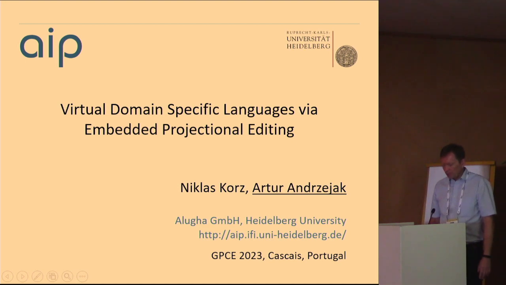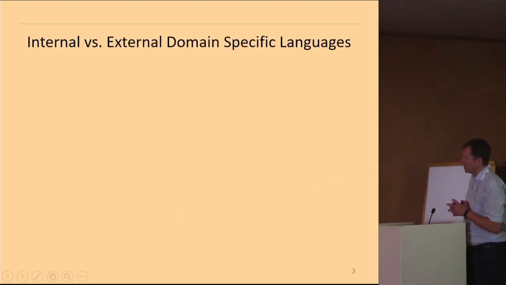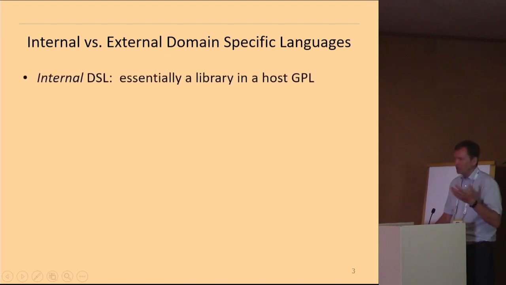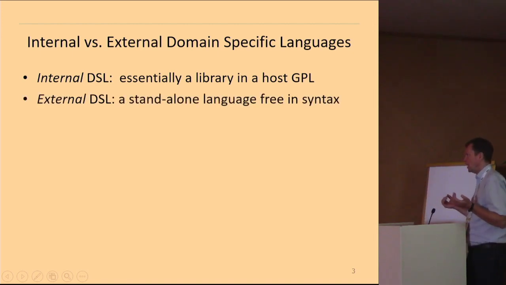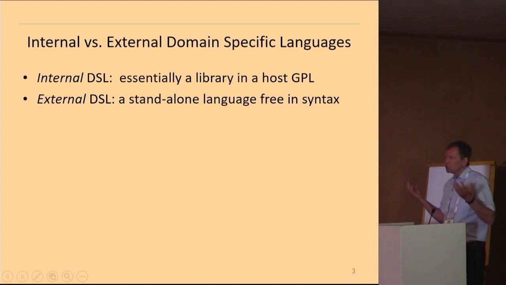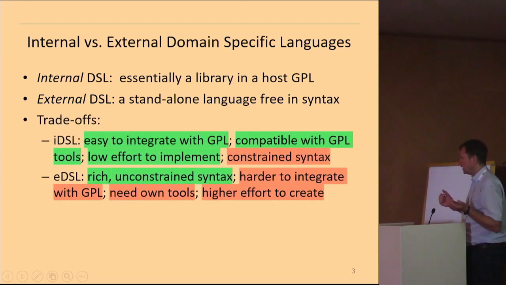So yesterday, during the talk about the X-space, we saw something about the advantages and disadvantages of different types of DSLs. We know that there are internal DSLs, essentially libraries in host general purpose languages, and external DSLs, which are essentially any language with arbitrary free syntax. As usual, there are trade-offs.